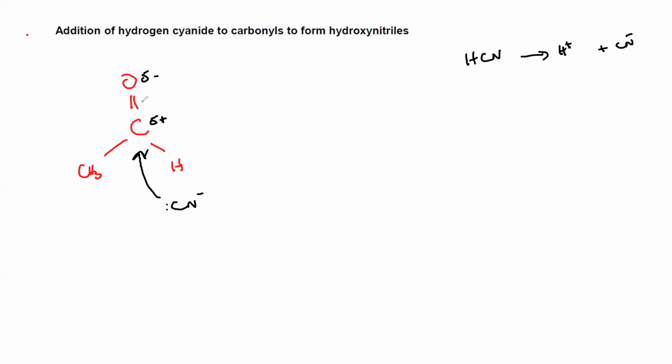Now what will happen? This oxygen, which is more electronegative, will take both of the electrons. So when oxygen takes both of the electrons, we'll have C, CH3, H. This CN group is now attached to the carbon, and the oxygen is also attached, but the oxygen has a negative charge. Why does oxygen have a negative charge? Because oxygen took both of the electrons, so it became negative.